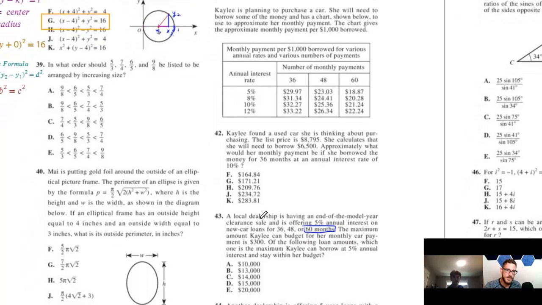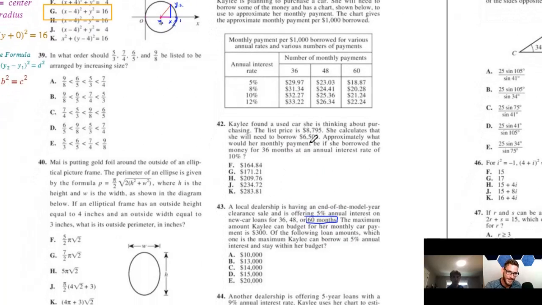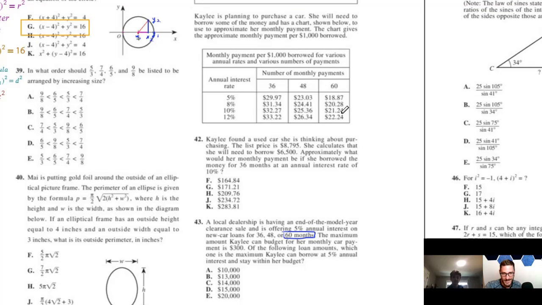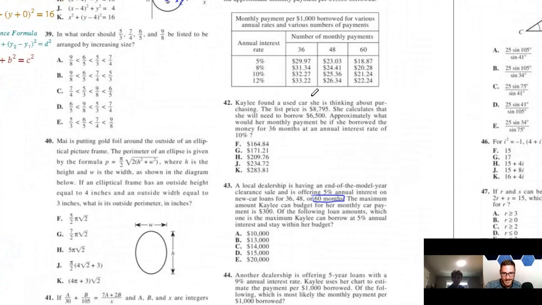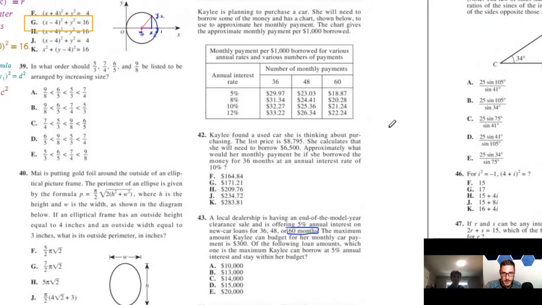Oh my gosh, this makes this so much easier. I realized that there was a table thing. Yeah, that helps so much. Okay, monthly payment per $1,000 borrowed. So if we want to go to 60 months and 5% interest, it's going to be $18.87 per $1,000.